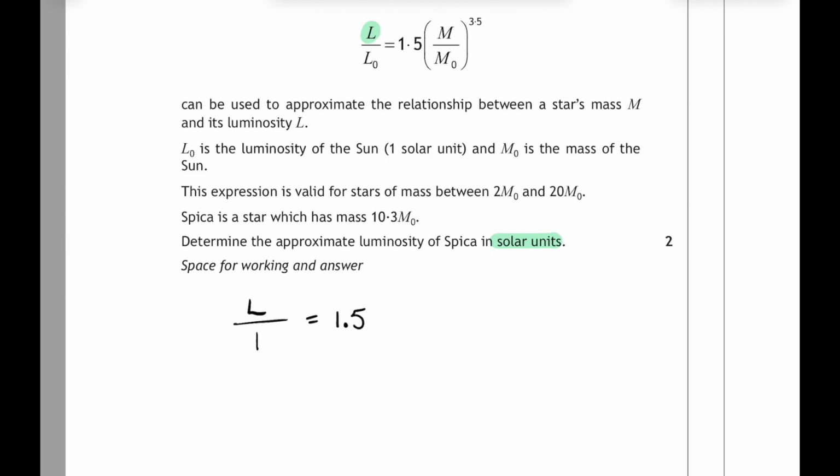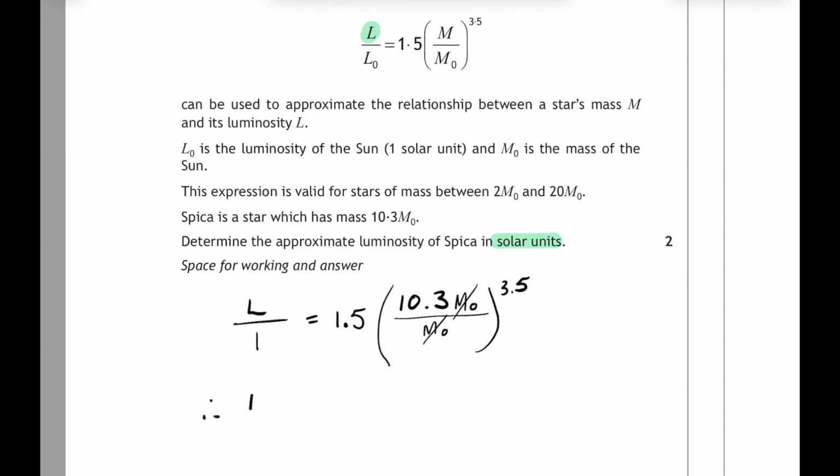And that'll be equal to 1.5 times m, which is Spica's mass. Now, it's 10.3 m naught, so let's sub that in there: 10.3 m naught over m naught, and they cancel out. And that's to the power of 3.5.